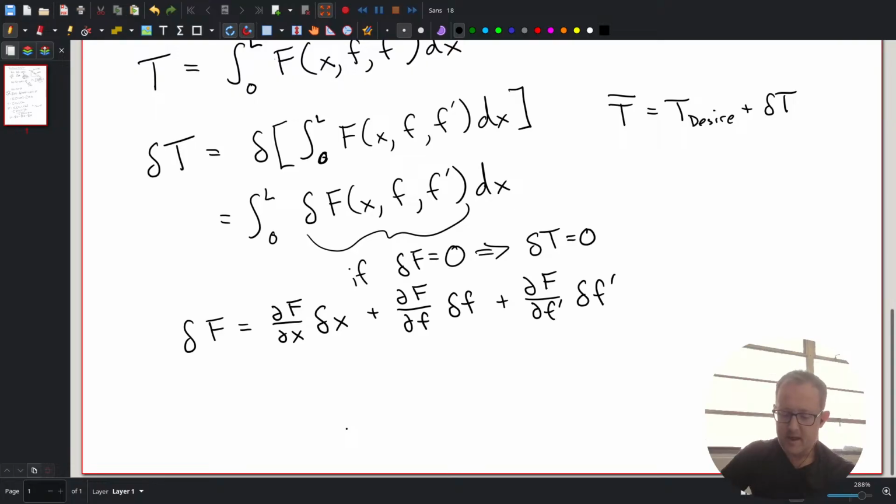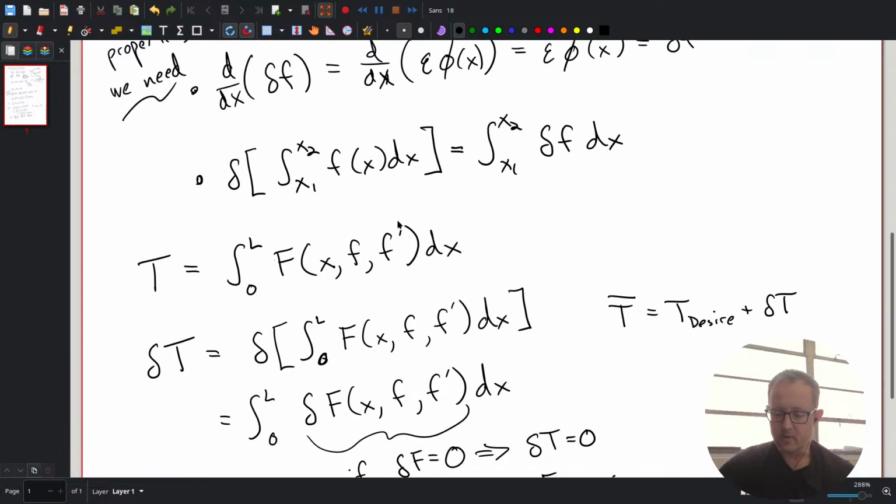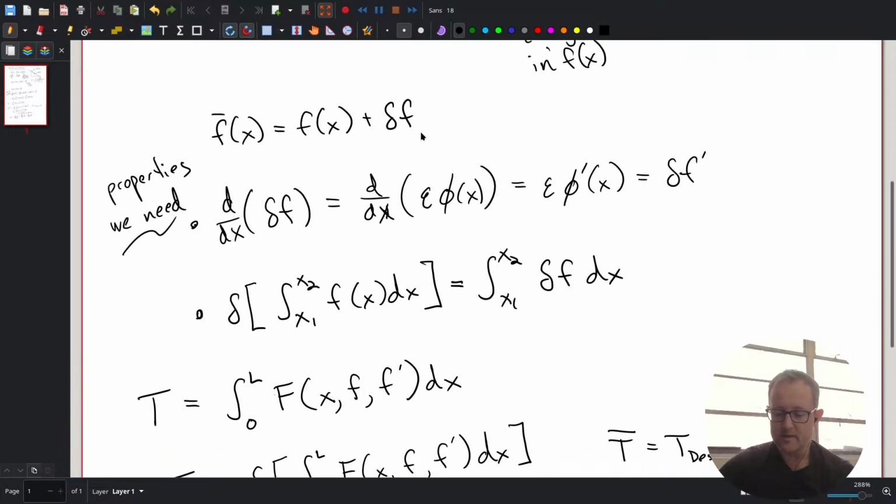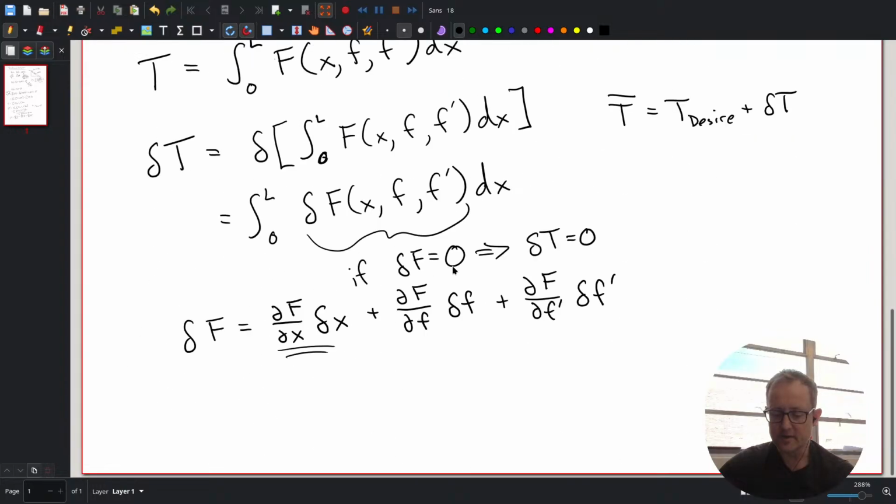Now this one we haven't looked at yet. We've only talked about what to do with changes in this function, and for an independent variable like x here, this delta x has to be 0 because we can't change our boundaries.